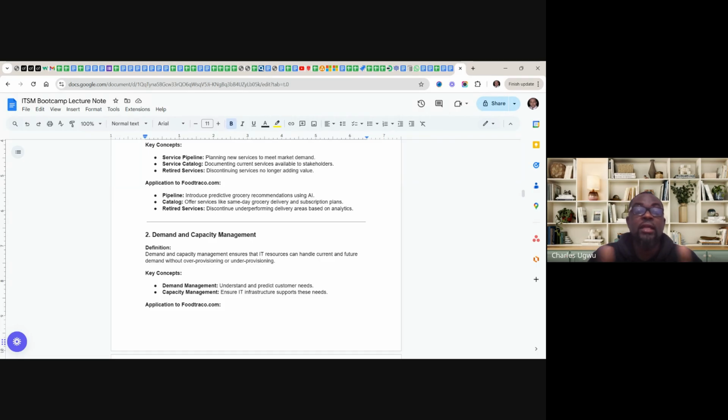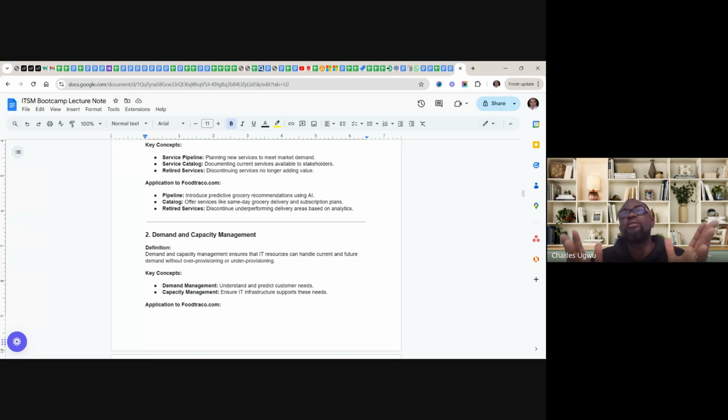So this is where demand and capacity management comes in. Demand management: understand and predict customers' needs. And capacity management: ensure IT infrastructure supports these needs. That is it.